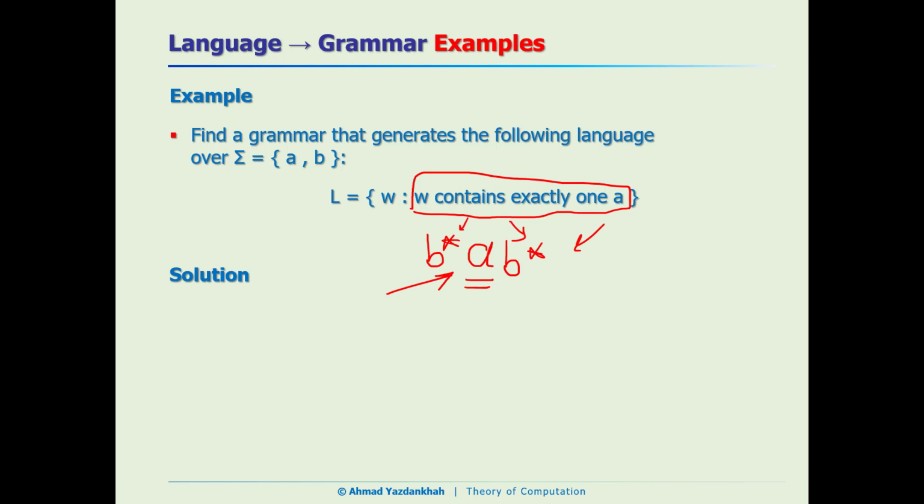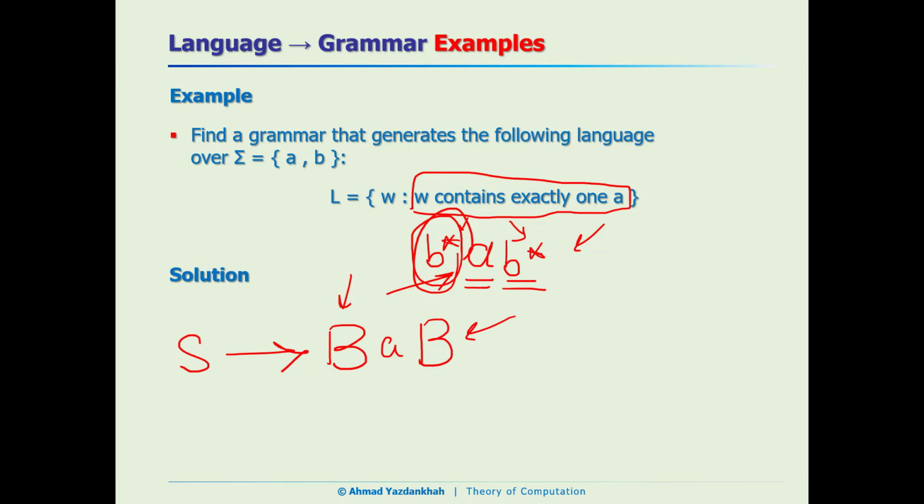When you look at this pattern, what do you get here? Yeah, I can say S is defined as, let's call it B here, and we have a here and another B here. So any number of b's I substitute as a B here and any number of b's here, another B.